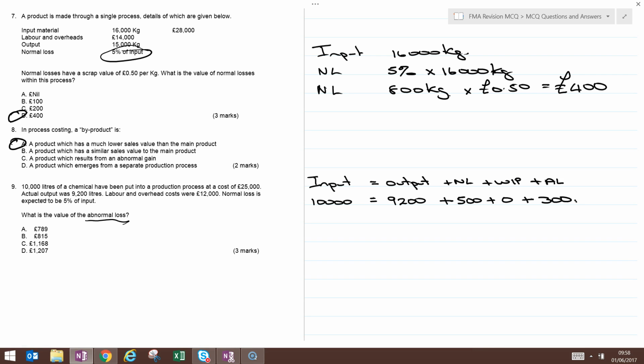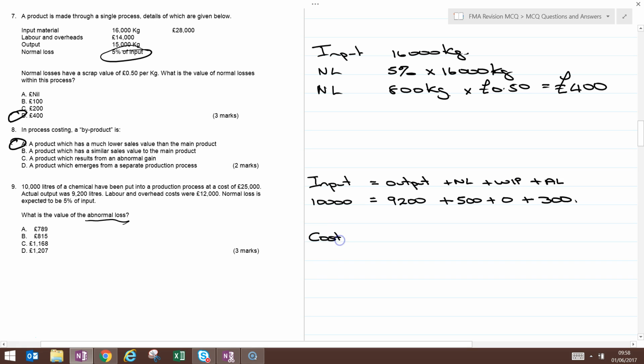Now we need to put a value to that abnormal loss. So we need to know what the cost is per litre. This is where the formula comes in that you do need to know, whether for the multiple choice questions or if there's a longer process costing question.